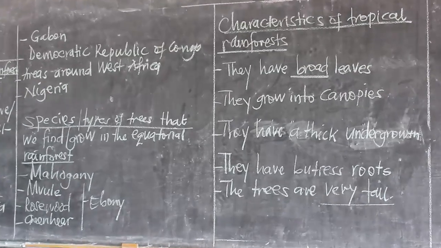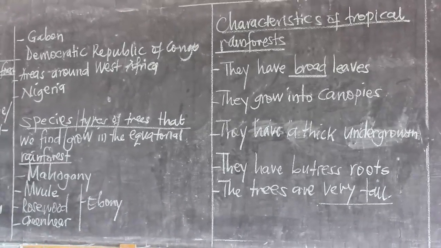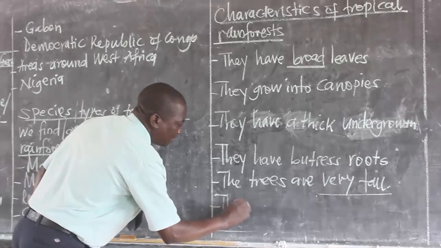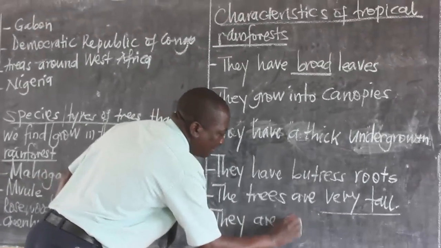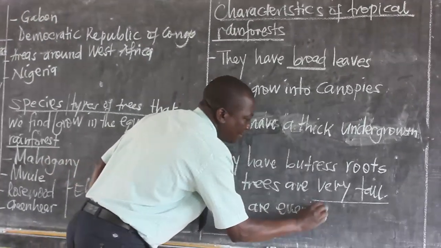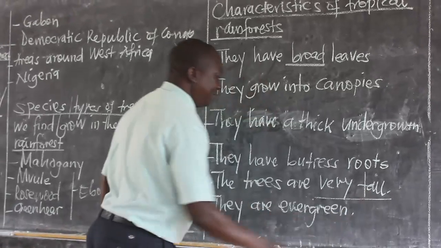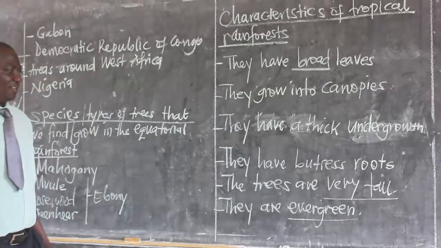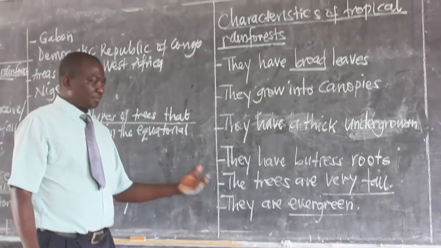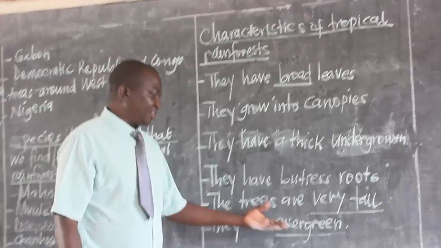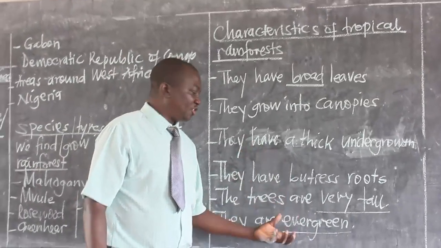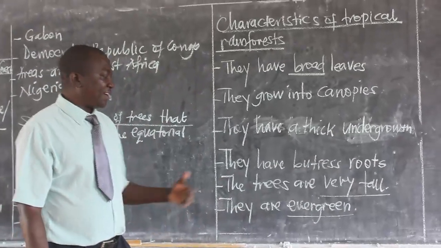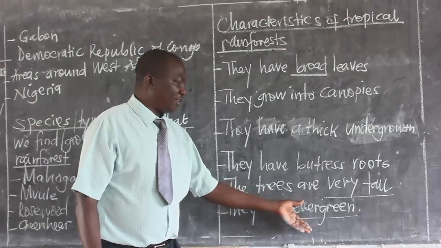Maybe the other point that we can also look at is that they are evergreen. And why are they evergreen? It is that most of them, when they try to shed off their leaves, don't shed the leaves at the same time. So that's why they are evergreen.